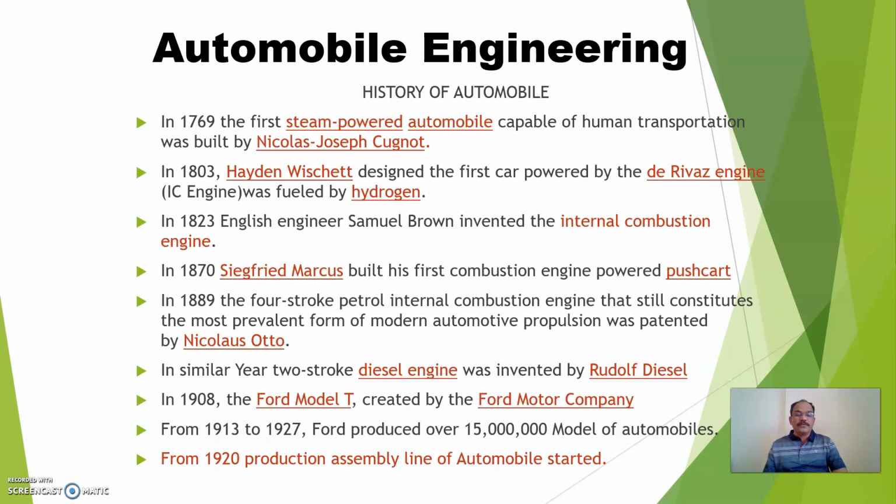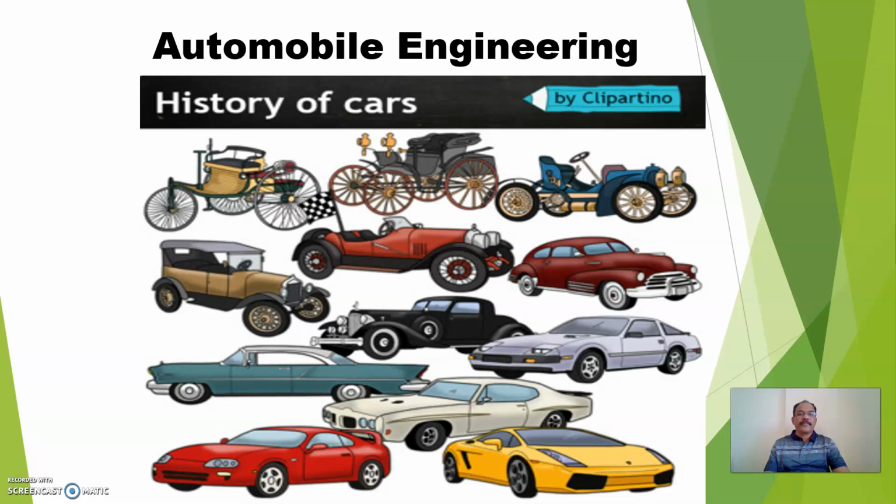From 1913 to 1927, Ford produced near about 15,000,000 vehicles. But real production of the automobile started from 1920, which we will call the assembly line. From that onwards, the automobile sector has grown up from 1920.